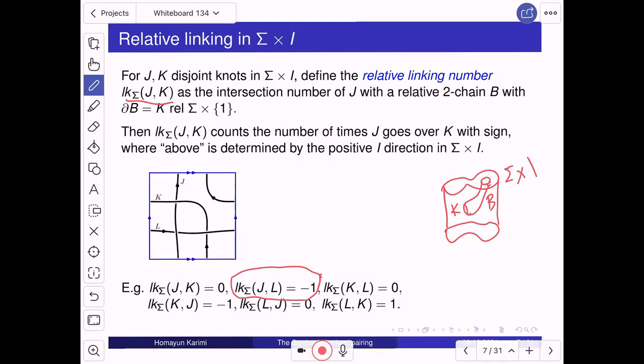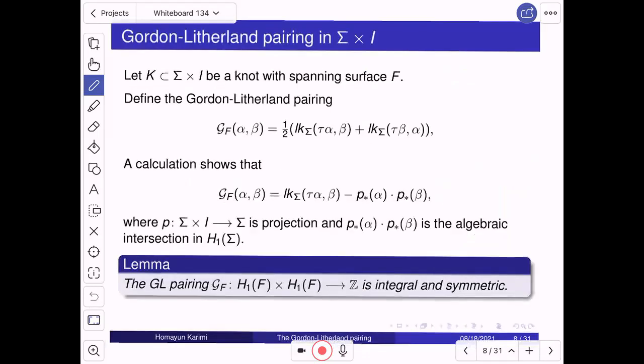So now we have the notion of linking. Using that, we define the Gordon-Litherland pairing as follows.